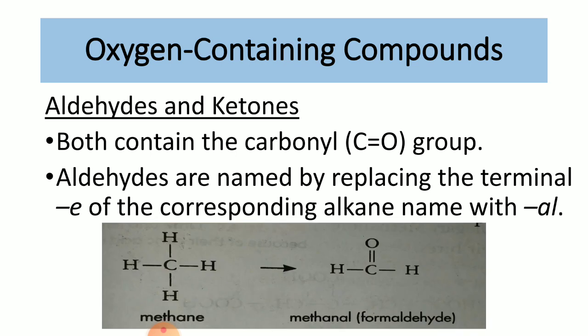For example, we have methanal, the corresponding aldehyde of methane. Methanal is the simplest aldehyde and is usually available as a 40% aqueous solution known as formalin. Formalin is used to preserve biological specimens.